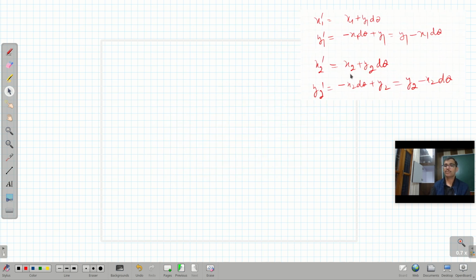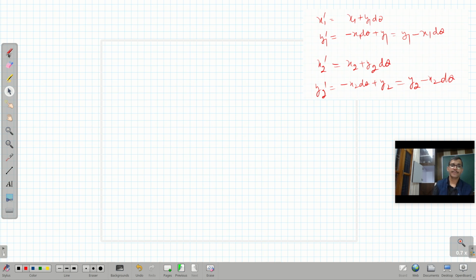And isotropy of space leads to state that U of x1 prime, y1 prime, x2 prime, y2 prime is equal to U of x1, y1, x2 and y2, meaning this potential energy will remain the same.